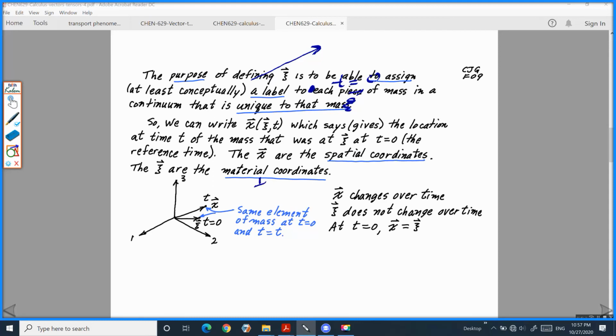That means time equal to 0 shows where your material is, like this. You say time is equal to 0, that one, and then you obtain this x when time is equal to t. So this does not change over time because this is fixed, this starting point. This never changes with respect to time, but this changes with respect to time.